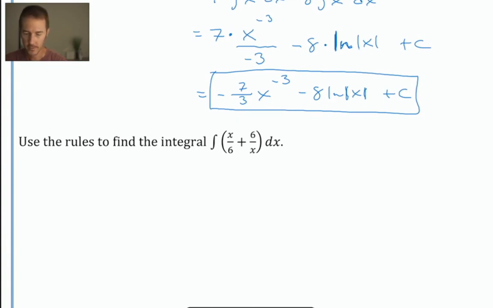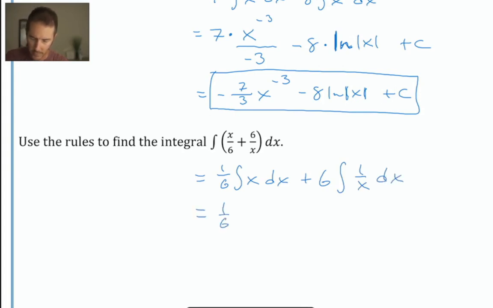Yeah, I don't know. This is not exciting. Let me just rip through this one real quick. I'm going to factor out the 1/6, and there's the integral of the x with respect to x, plus factor out the 6 times the integral of 1 over x with respect to x equals 1 over 6 times x, increase the power by 1, divide by the new exponent, plus 6 times the natural log of the absolute value of x, plus c, simplify.